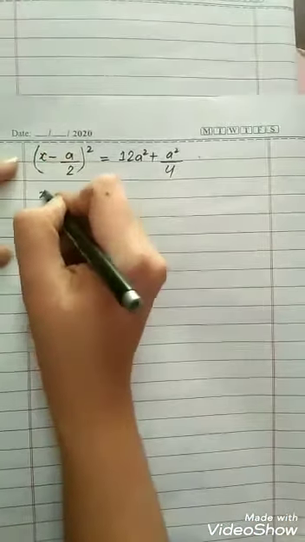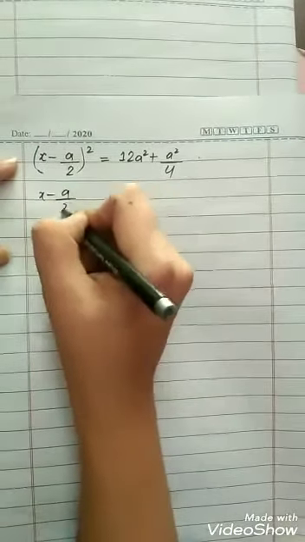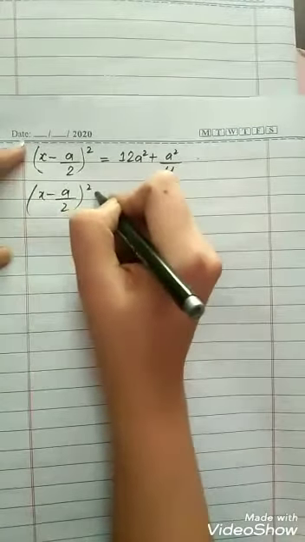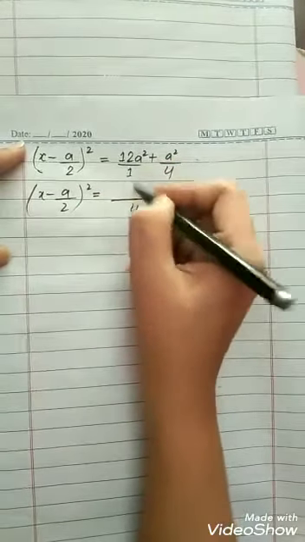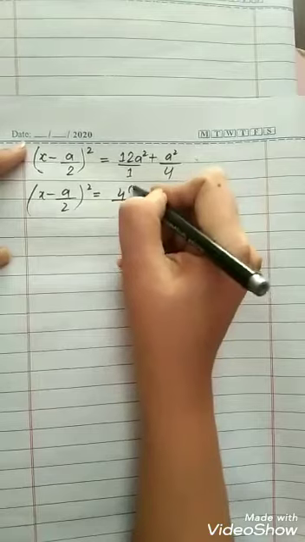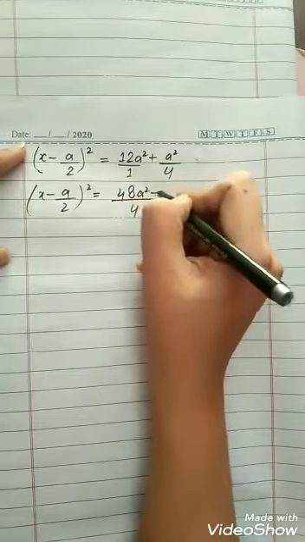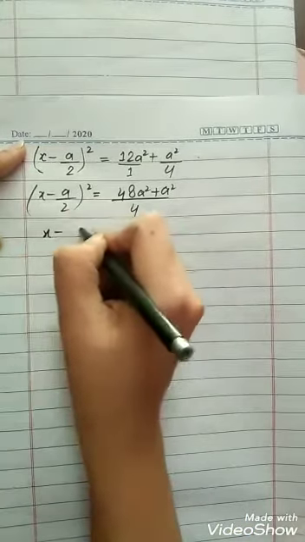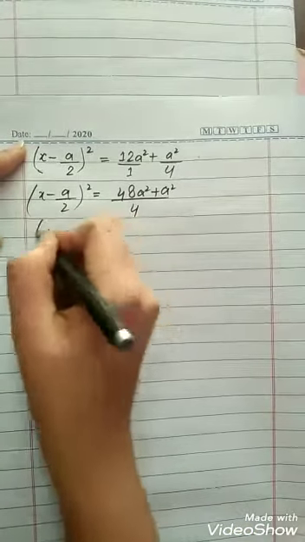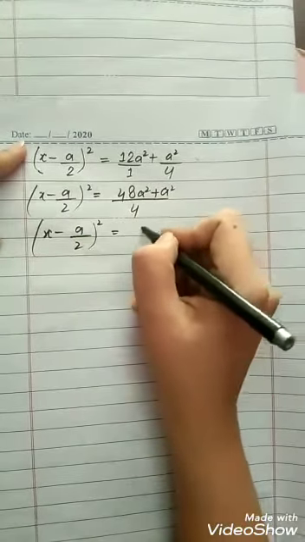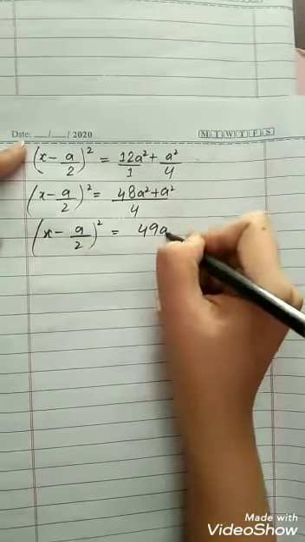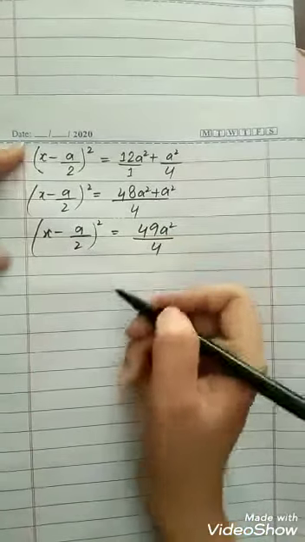Now students, we have to solve it. We will take the LCM here, it's 4. 4 times 12 is 48a square plus a square, so (x minus a by 2) whole square is equal to 48 plus 1, that is 49a square by 4.